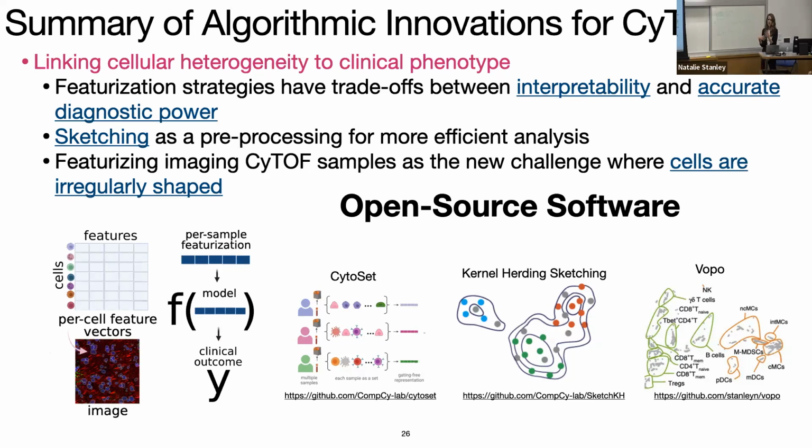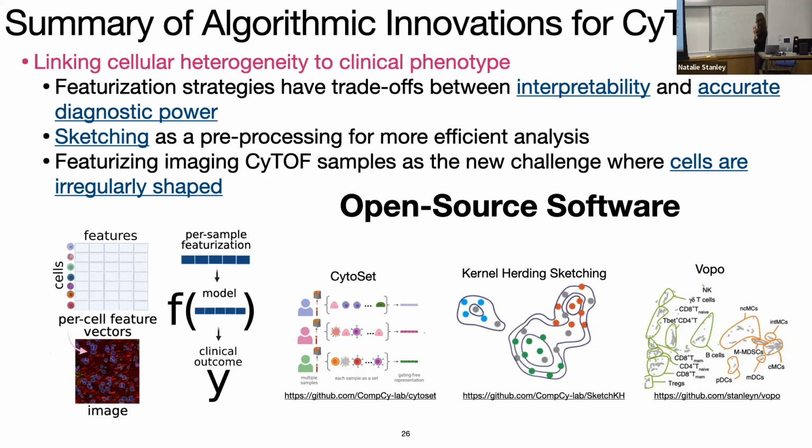The coarse versions are better at being interpretable because we know what cell types they're representing, and the deep learning based approaches have maybe better diagnostic potential. And then we use sketching as a pre-processing tool for more efficient analysis. And finally, the challenge that we're currently working on algorithmically is featurizing for these IMC data sets where we don't just have spherical immune cells.